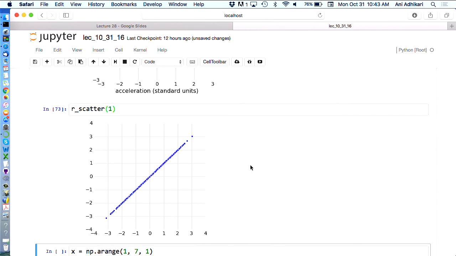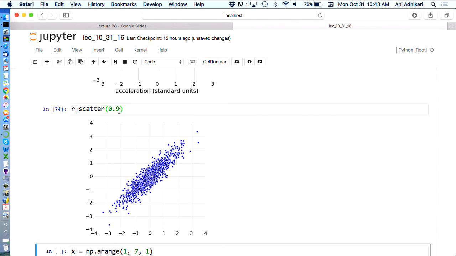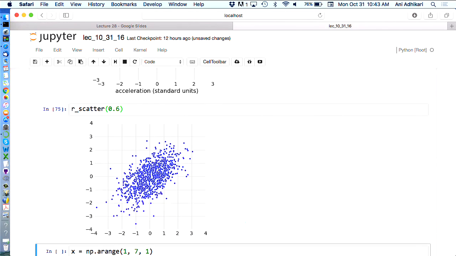So what R is doing, the sign of R gives you the direction of the trend, and then the magnitude of R. So let me compare once again, 0.9. Take a look at that. That's kind of skinny about the straight line versus 0.6 is more fuzzy. So R is, what you can see is it's measuring the degree of clustering about the straight line.